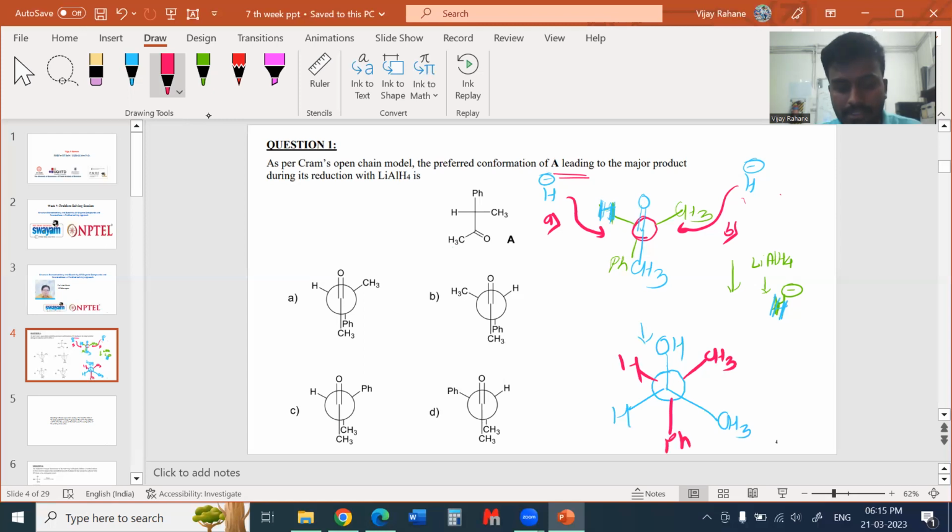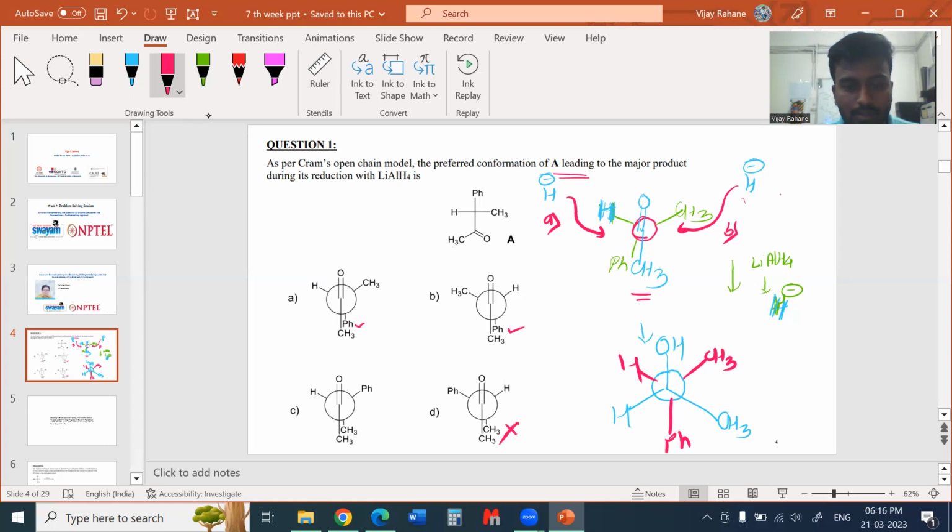Now we need to match this conformation, so we will check one by one. In all the other conformations, here the pH is opposite to the carbonyl group, and here the methyl group.